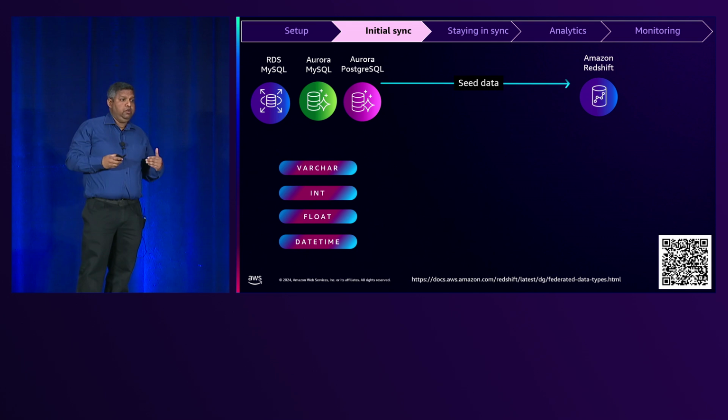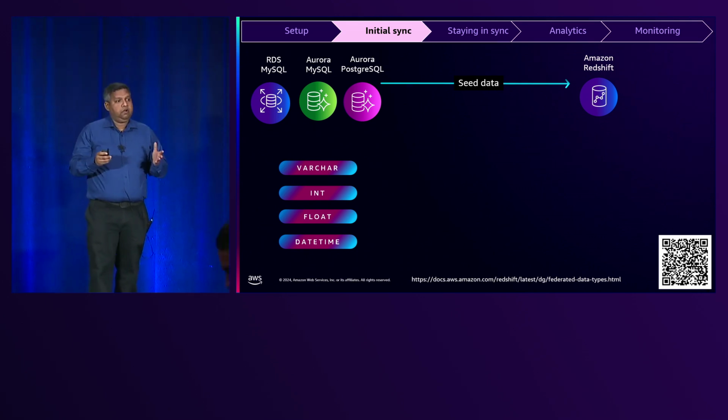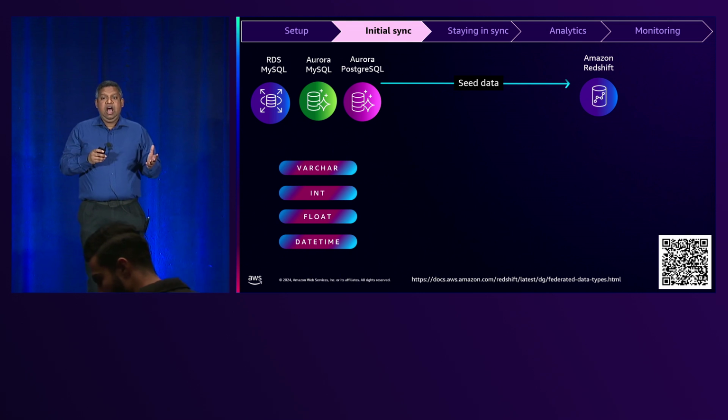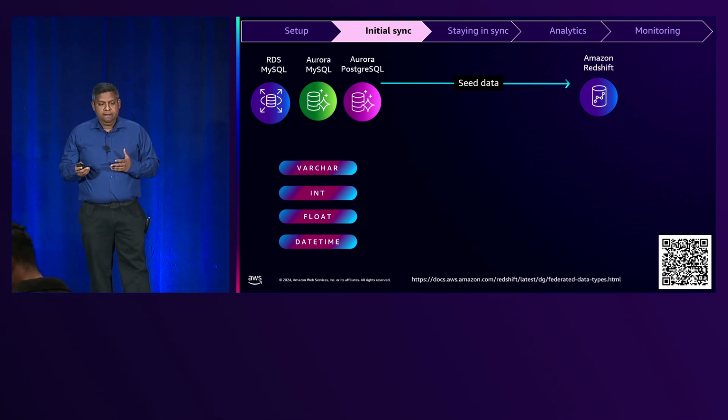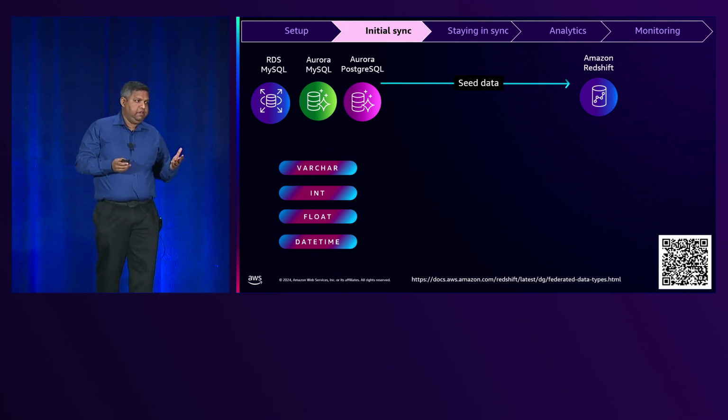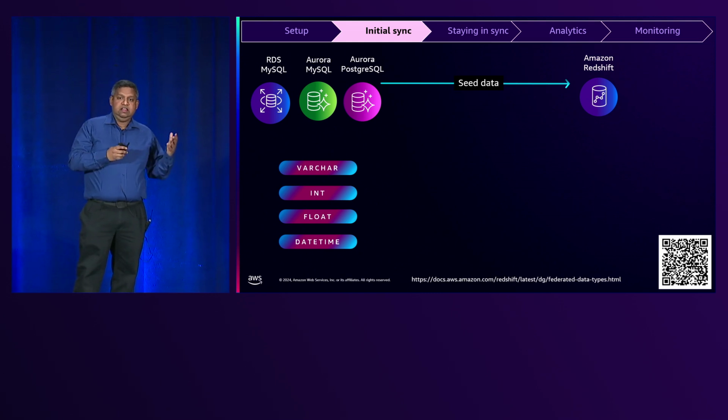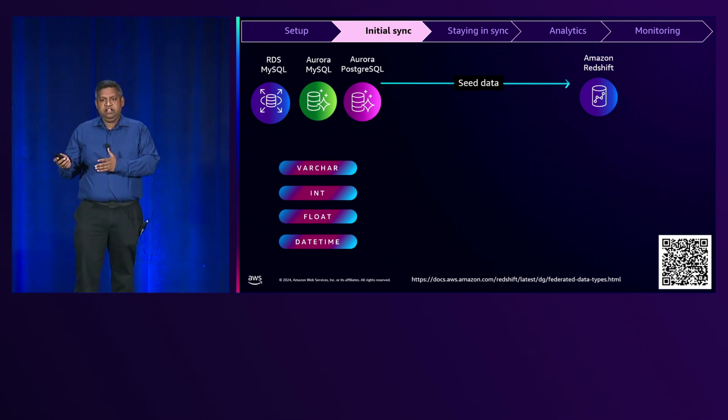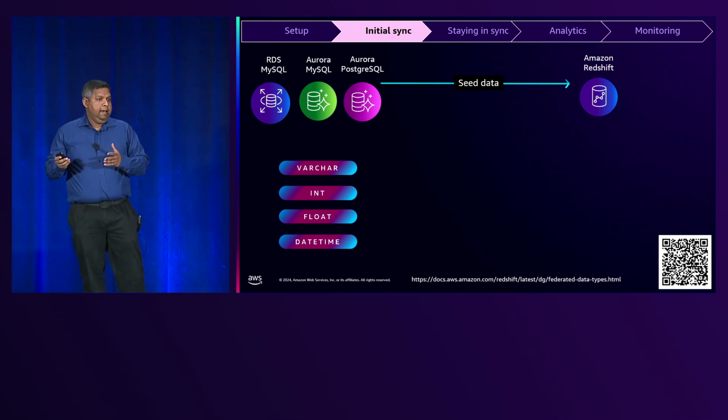Next, you also want to understand how data types are handled when you move your columns and attributes. For example, if you're using Aurora Postgres, the Postgres and Redshift data types are quite similar, so the majority of common data types move as is.